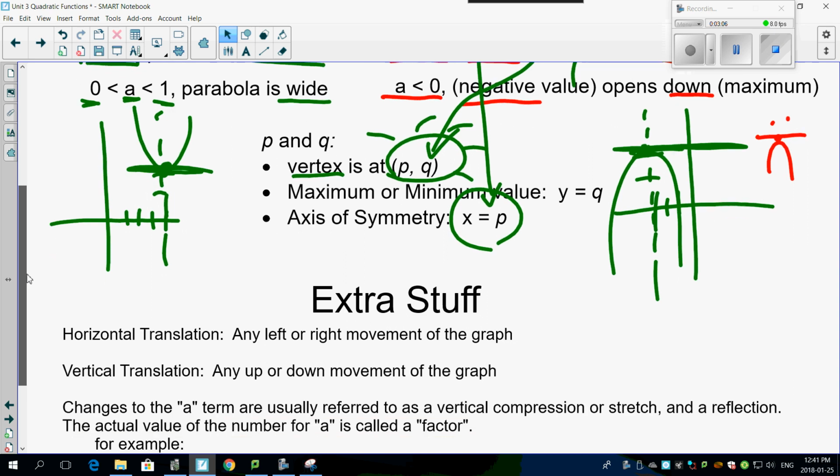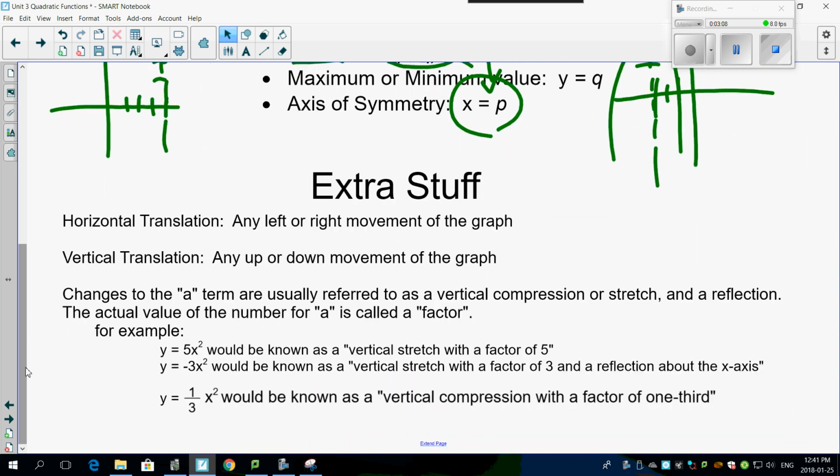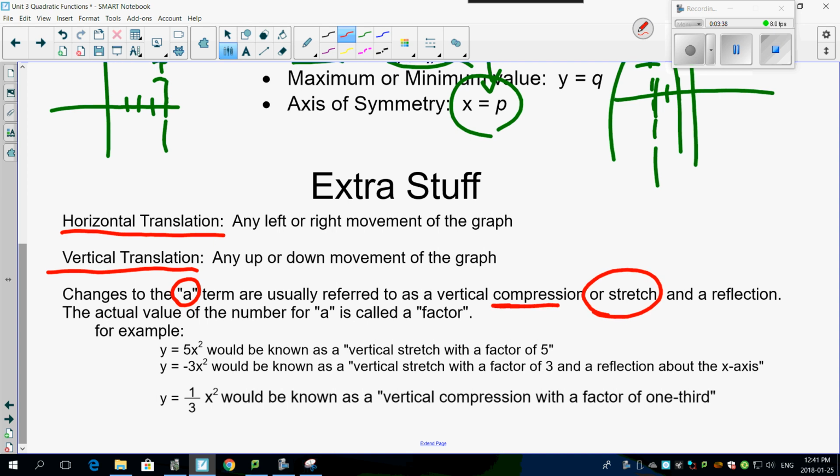A couple extra things here that you have to know. When we deal with math, we end up dealing with words. The words, by definition, mean do this. For example, if we're talking about a horizontal translation, we're moving left and right. If we're talking about a vertical translation, we're moving up and down. And the changes to the a value, making it wide or narrow, we refer to more commonly now not as compression.